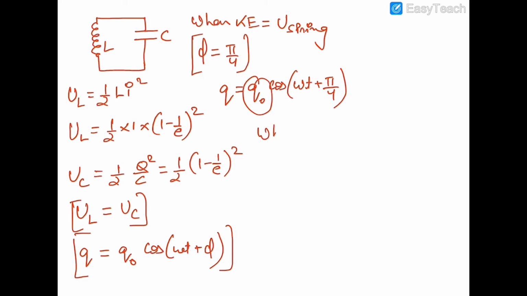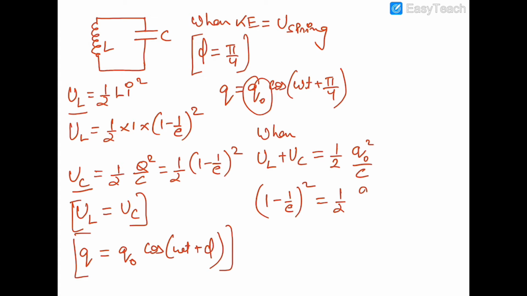So UL plus UC, the energy stored in the inductor and the energy stored in the capacitor, combined is equal to half Q naught square by C. Adding up these two energies, we know that these are equal, so this is 1 minus 1 upon e whole square, and it is equal to half Q naught square by C, where C is also equal to 1.